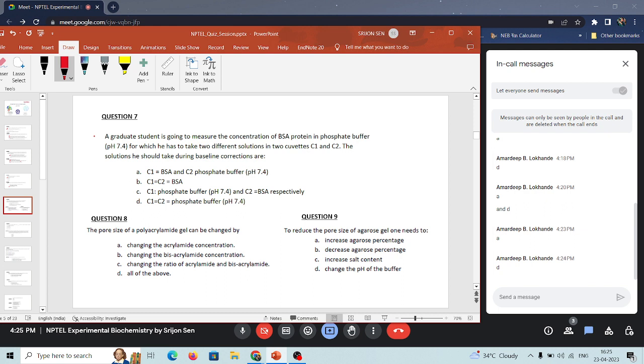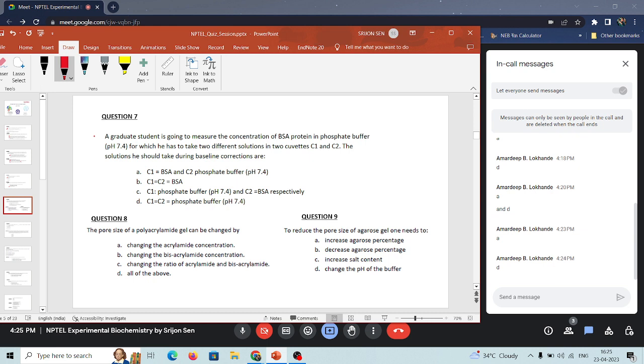So what should that person take as a baseline correction solution? Because that is going to be the blank solution, and based on that he has to measure the concentration of his BSA protein. So what will be the solution he is going to take to measure the blank, or for checking the baseline, or for setting the baseline correction? What is going to be the answer?